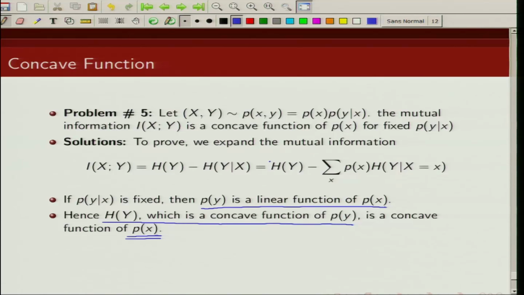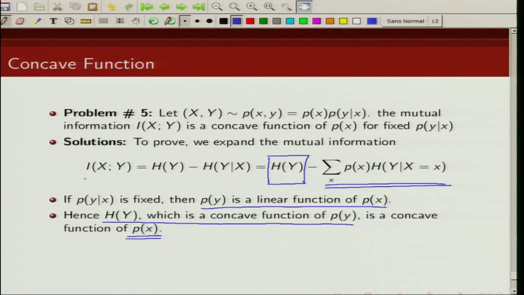So what we have proved so far is this term H of y is a concave function of P of x. Now let's look at this. This is a linear function of P of x, right? Look at this expression, this is a linear function of P of x.